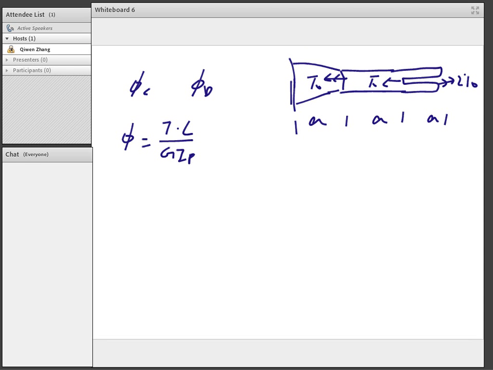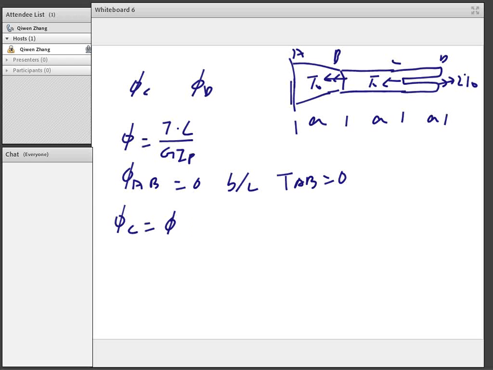So A, B, C, and D. We know the section AB does not have any torque, so phi AB is also 0 because TAB is equal to 0. So phi C is just equal to phi BC, right?